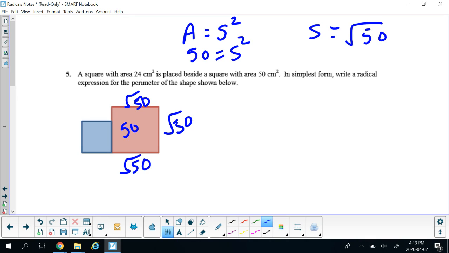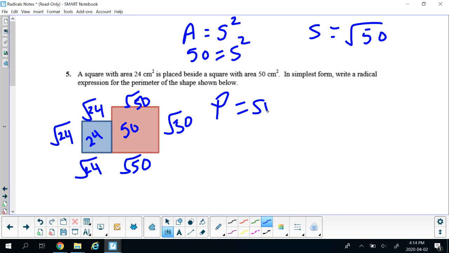Okay, and let's look at the smaller square. Smaller square has area of 24. Okay, so each side length of the smaller square is square root of 24 centimeter. Okay, now we have to write a radical expression for the perimeter, and we know perimeter is sum of all sides, right? So we're gonna write the expression for perimeter.